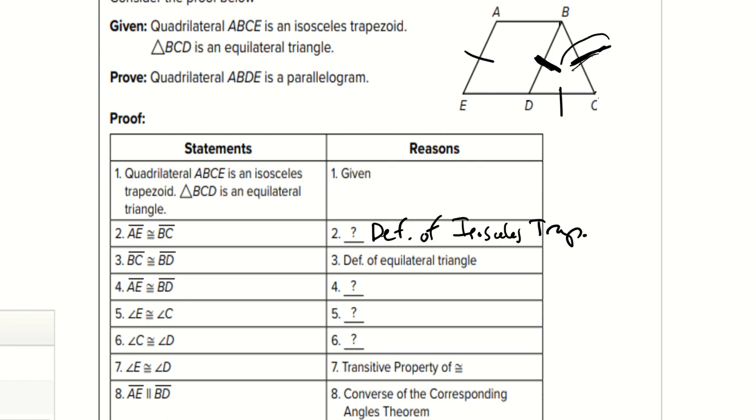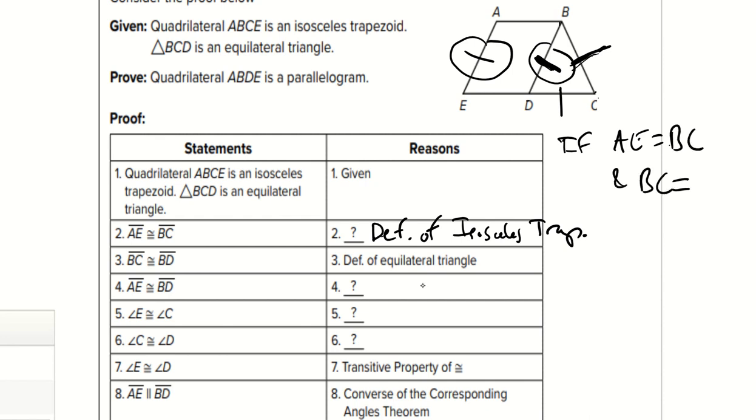And then we could say AE is the same thing as BD because if AE is the same as BC and BC is the same as BD, then AE is equal to BD, logically speaking.